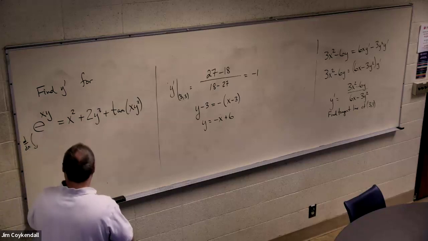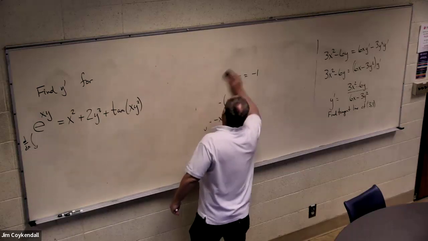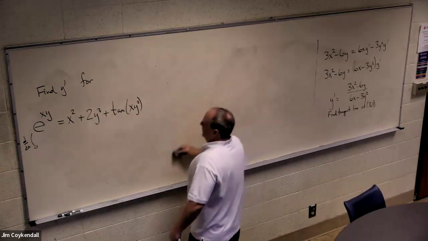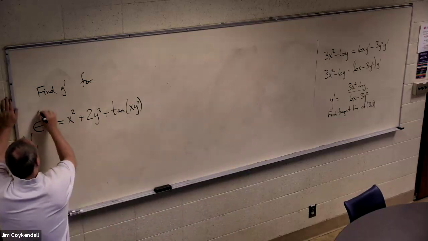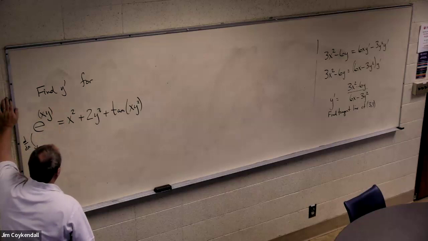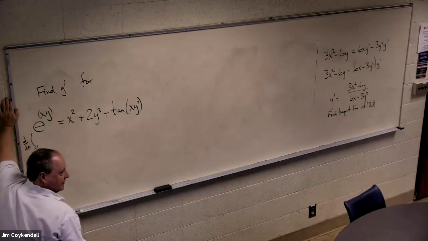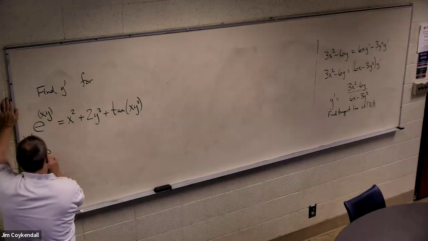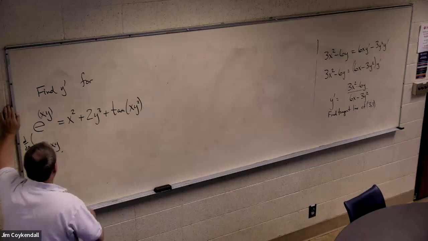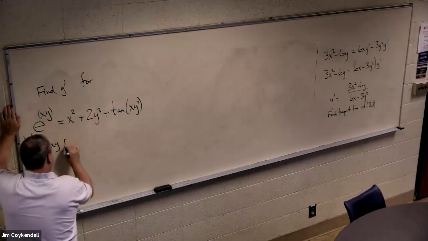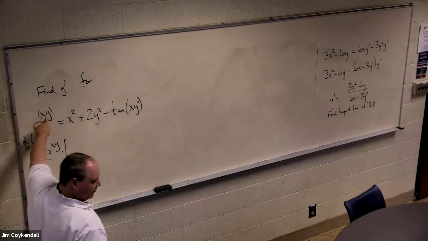I want to make sure that we get everything. Okay, so let's think about the chain rule. The derivative of e to the blob is e to the blob. But I'm not done. I've got to multiply by the derivative of whatever this is. And what's the rule that applies to this? This is a product, right?